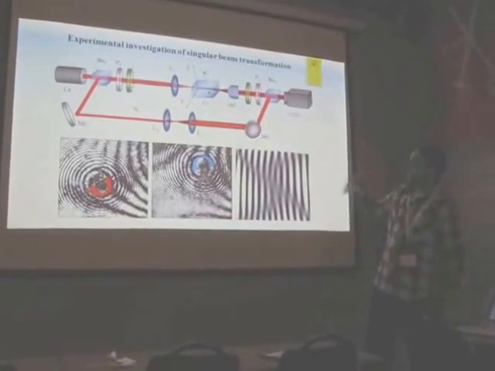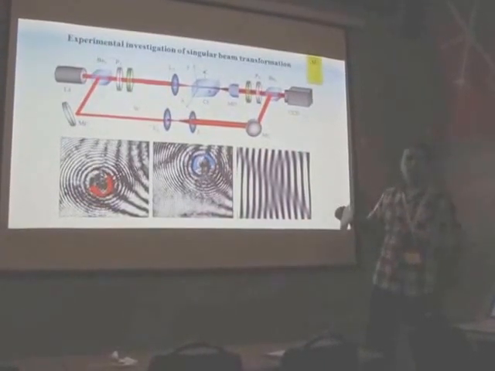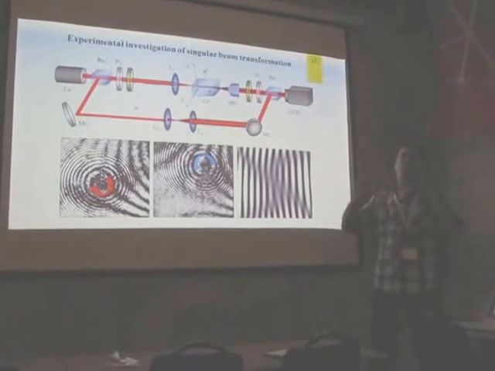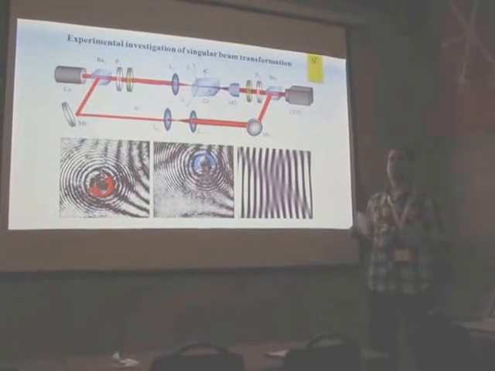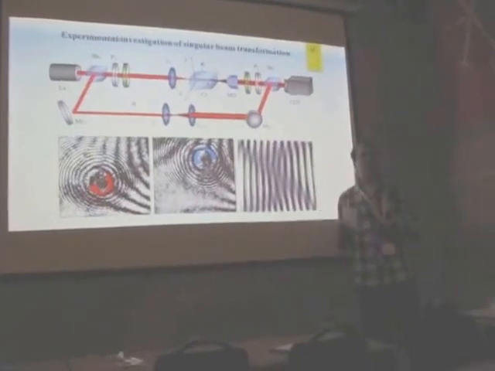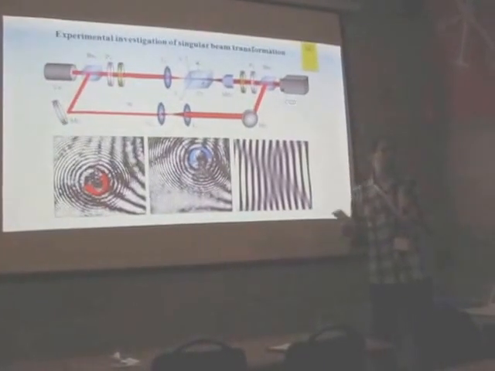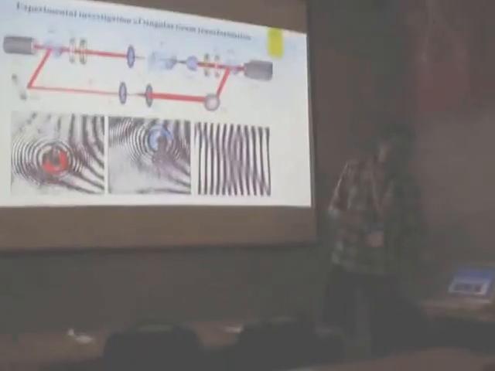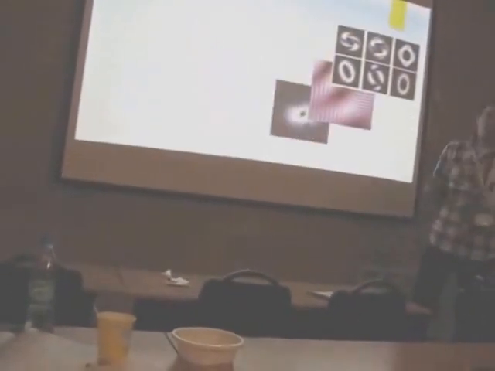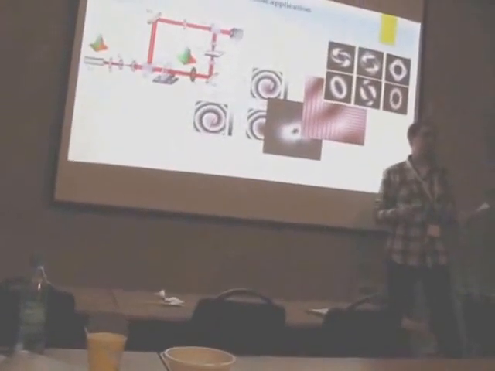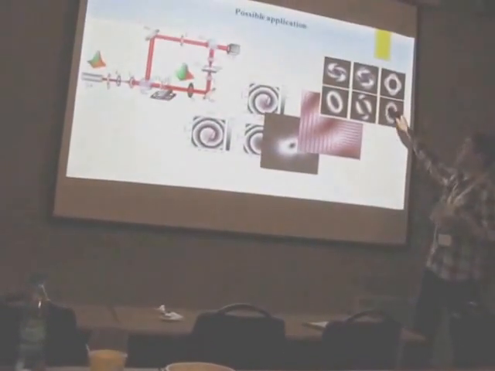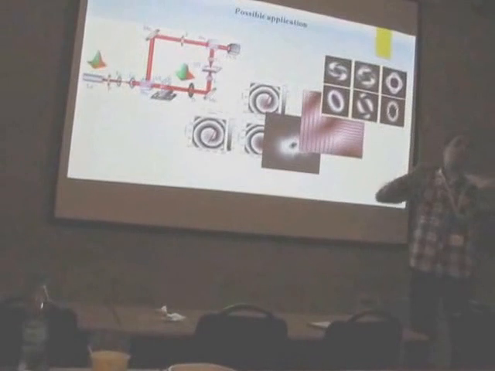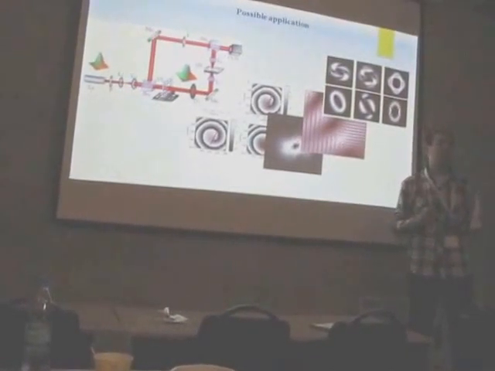So we proved that crystals can generate vortices in visible light, for example. We haven't investigated terahertz technology yet, but I hope it will be soon. What are the possible applications of such investigation? First, the generation of optical vortices with different phase profiles.